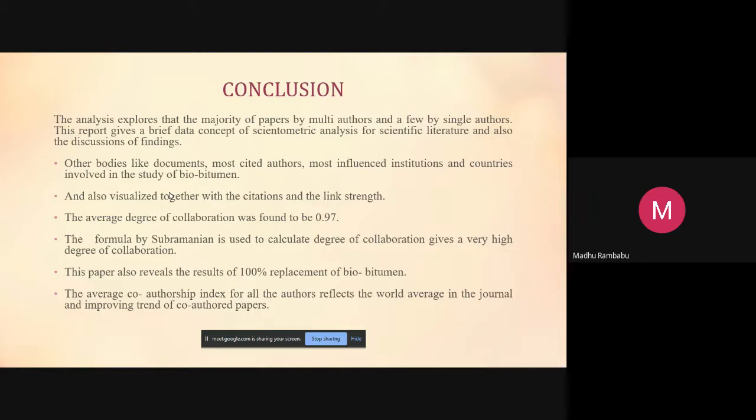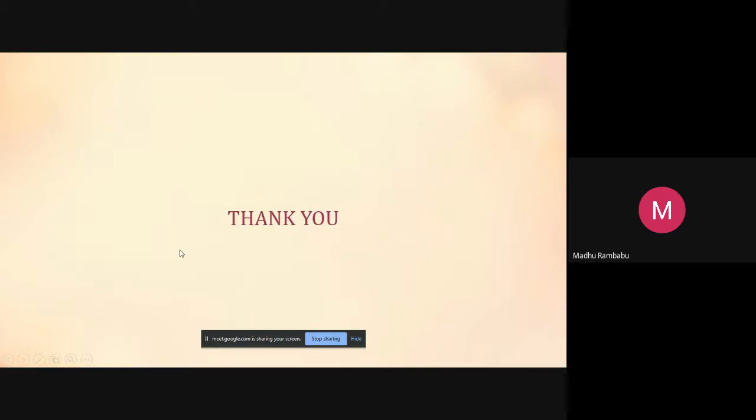We can extract the Scopus files, and if we give them to the VOSviewer software, we can get the top 20 authors, most cited countries and link strength, so that we can have a new topic on that. Thank you very much.